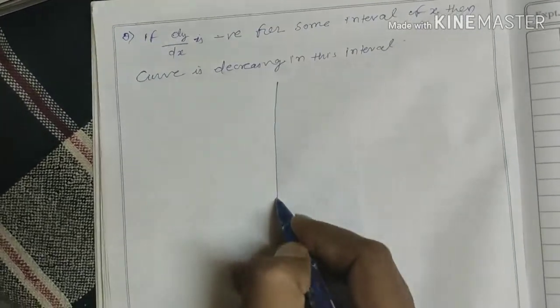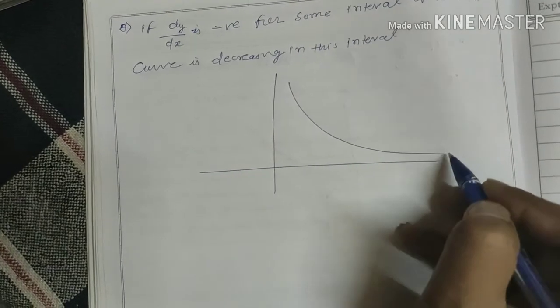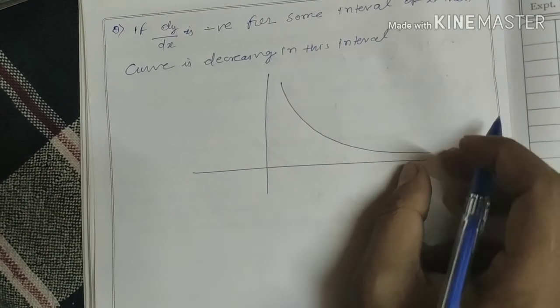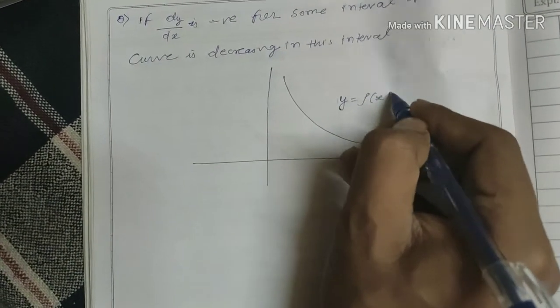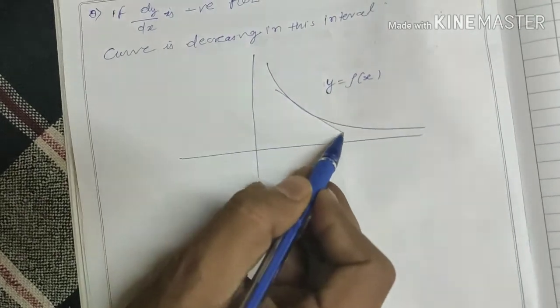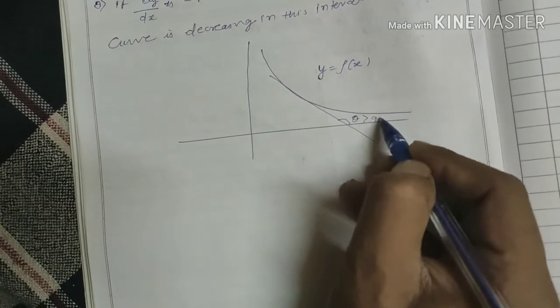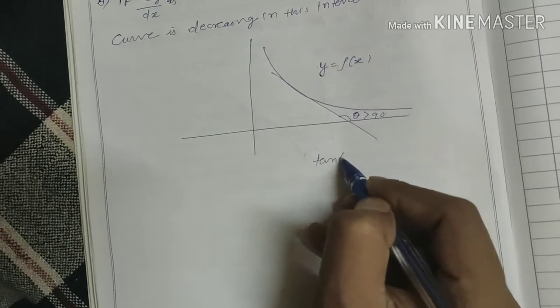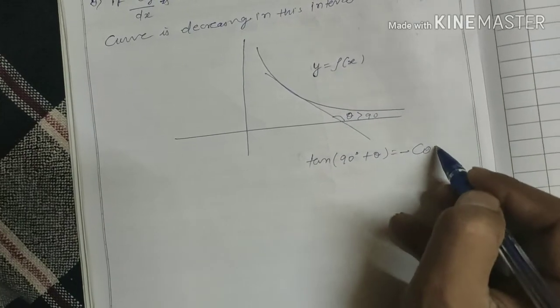If a curve is like this, let y equals f(x), then if we draw a tangent, this angle is greater than 90 degrees, and so tan(90 degrees plus theta) equals minus cot theta.